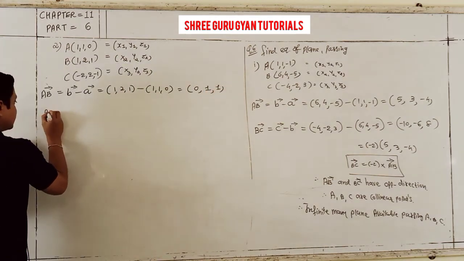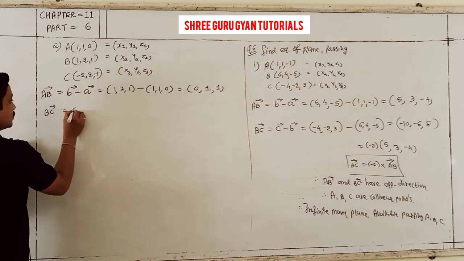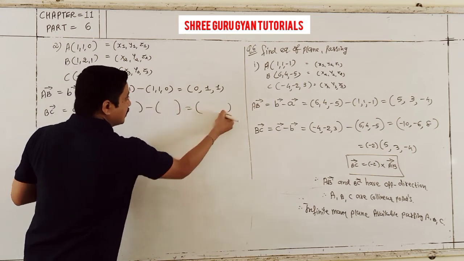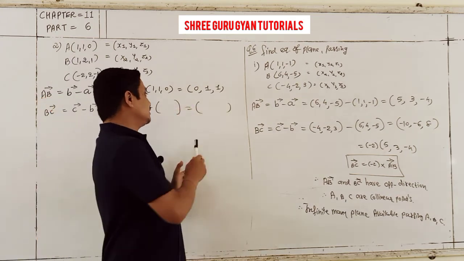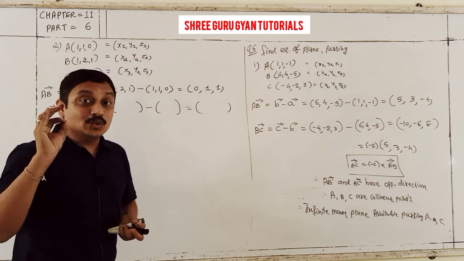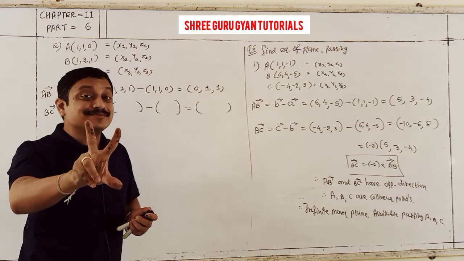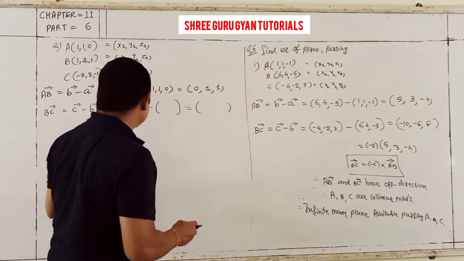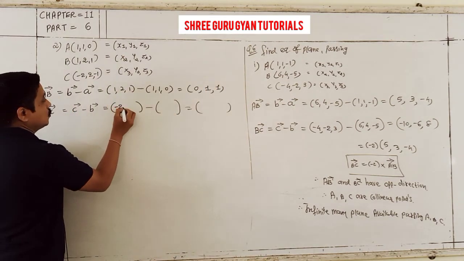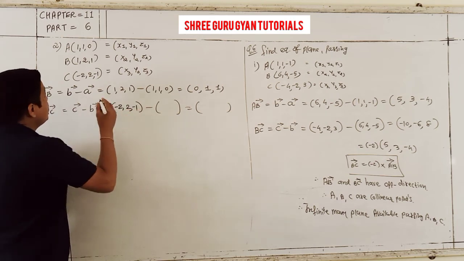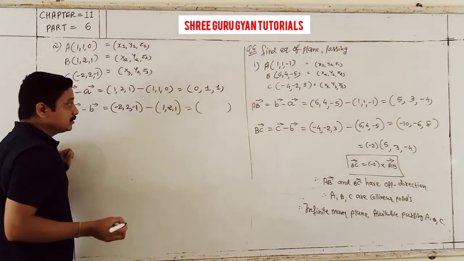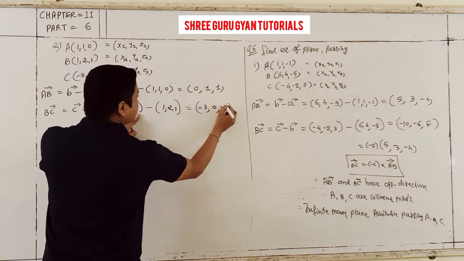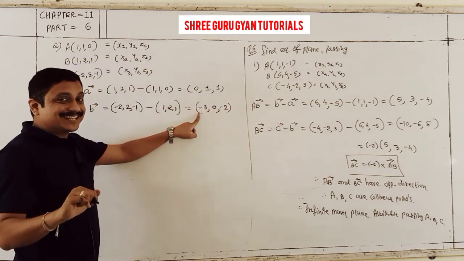Similarly, students, the second direction is BC, C minus B. You check here whether the directions of AB and BC are collinear or not. C is (-2, 2, -1) and B is (1, 2, 1). So my answer is -3, 0 and -2.